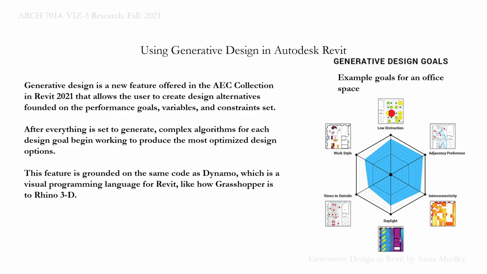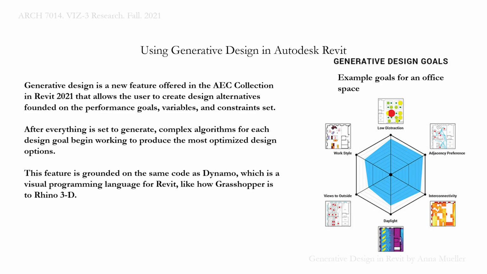And I think Revit or Autodesk is making their own, perhaps more intuitive feature for generative design directly in their software, so you don't have to worry so much about Dynamo. And Dynamo is essentially just a visual programming language, kind of like how Grasshopper is to Rhino 3D.